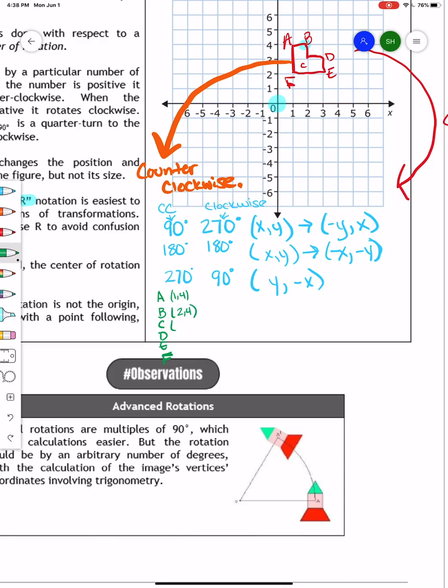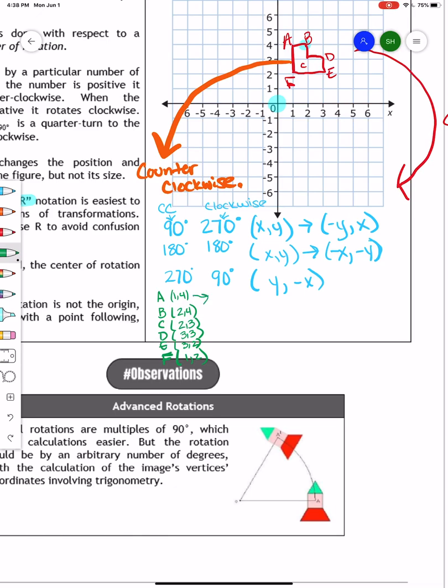My C is 2, 3. My D is 3, 3. E is 3, 2. And F is 1, 2. Those are my points.